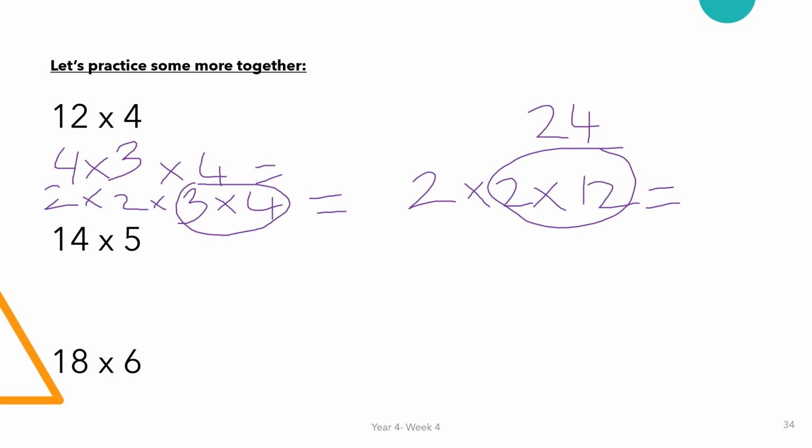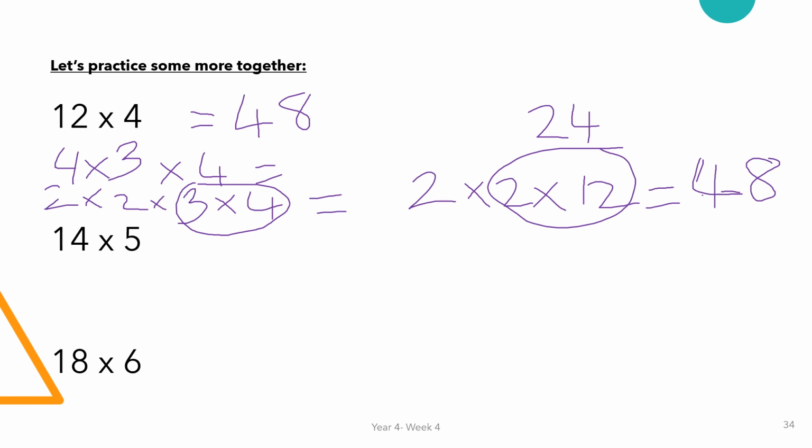So 24 times 2 is 48. And there we go. So 12 multiplied by 4 equals 48. So we've used our factors to make the question a bit easier and broken it down.